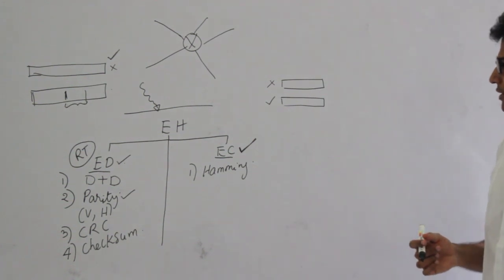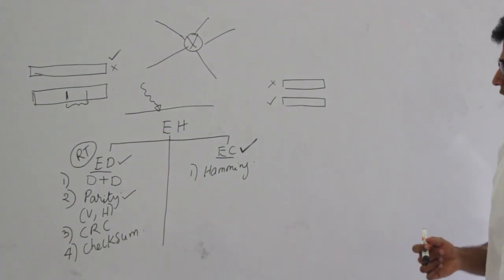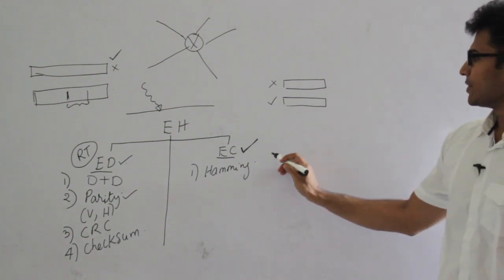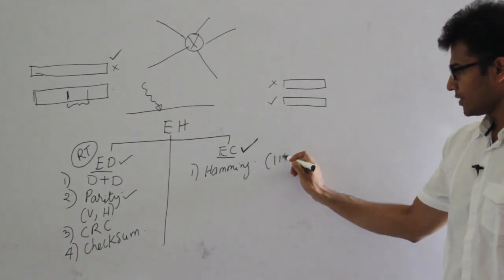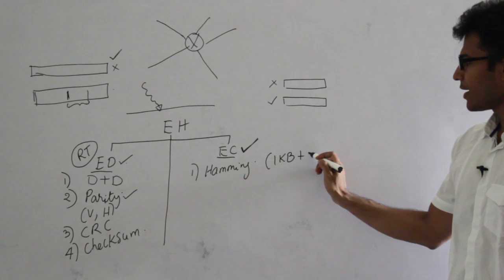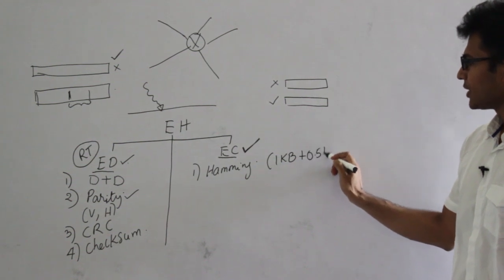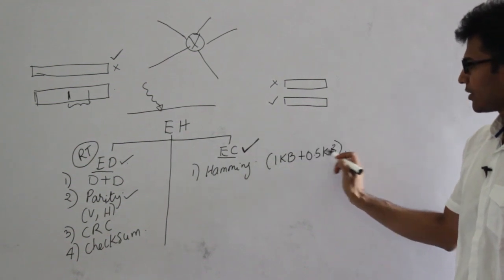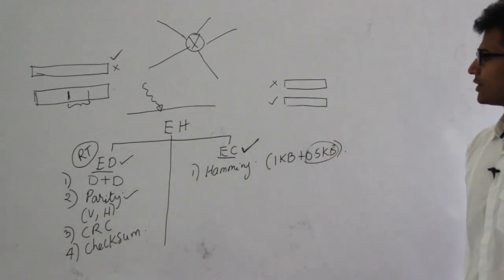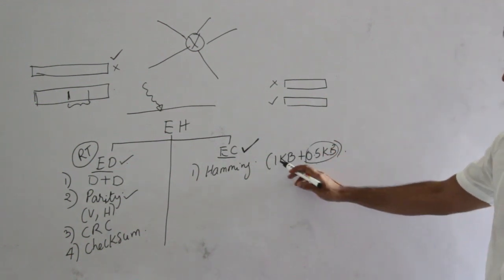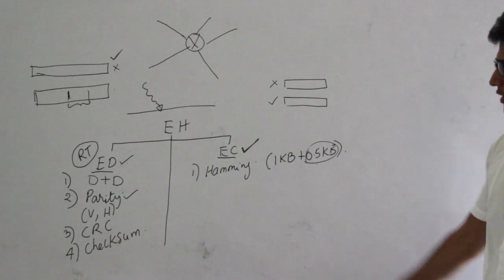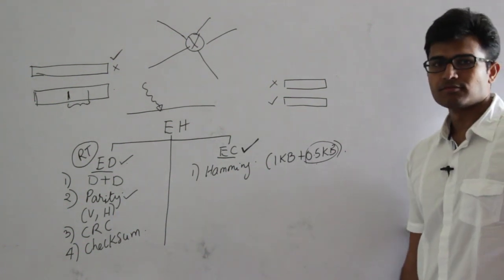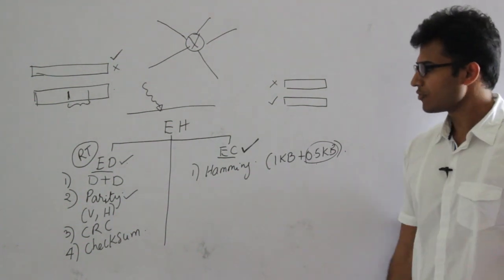But what you should understand here is, if I have to send data of 1 KB, I have to add 0.5 KB, half a KB of extra redundant data. That is the disadvantage, and moreover it takes a lot of time to compute; computationally it is going to take a lot of time.